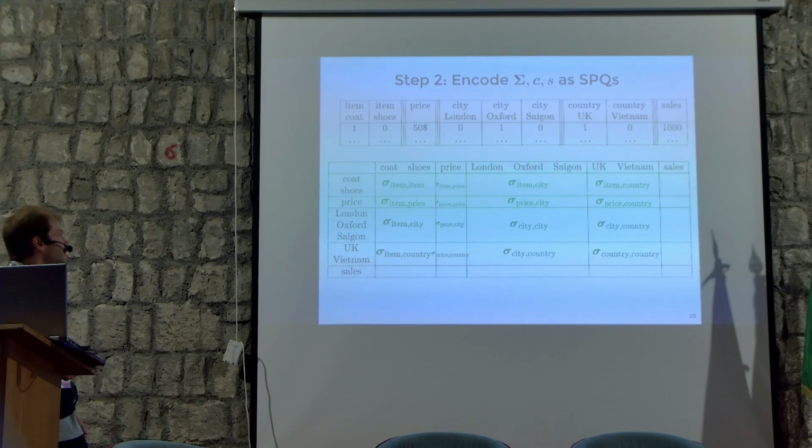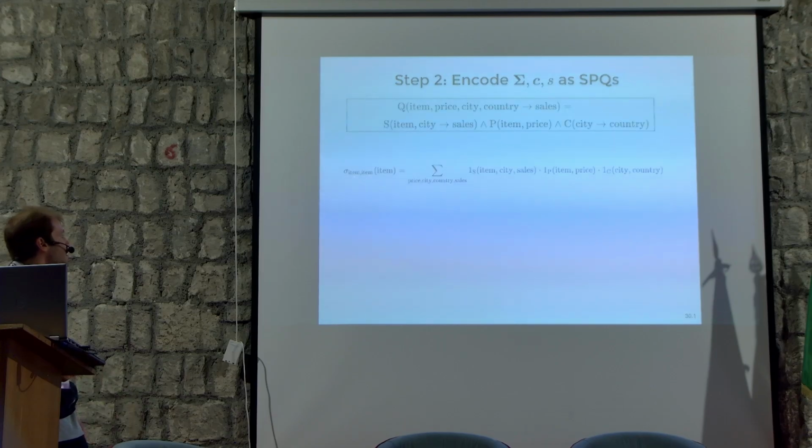For example, here we have an entry to analyze the correlation between item and city. You can think of this as going over this matrix and taking the outer product of the item part with the city part, and so on. So this is how we can break down this matrix into individual blocks. Each block corresponds to the correlation between two of these input features. The second step is to encode each one of those block matrices as the output of some sum product query.